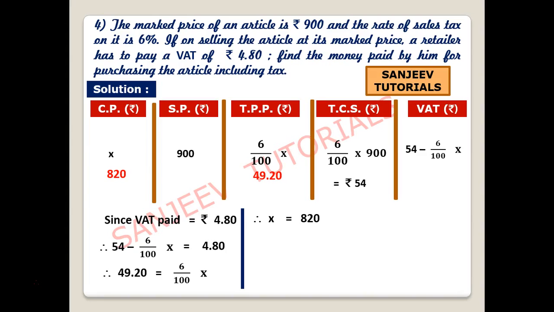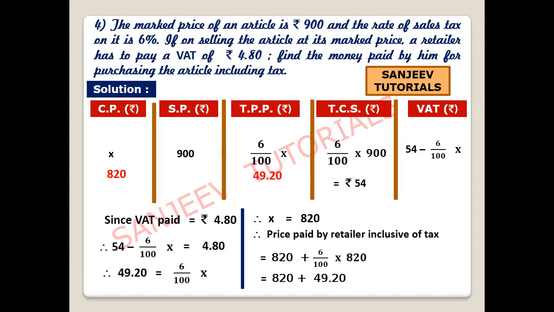So when the retailer is buying this product, he has to pay rupees 820 and a tax of rupees 49.20 on it. So the total price paid by the retailer for buying this article inclusive of tax will be 820 plus 49.20, which gives us rupees 869.20, and this is our final answer.